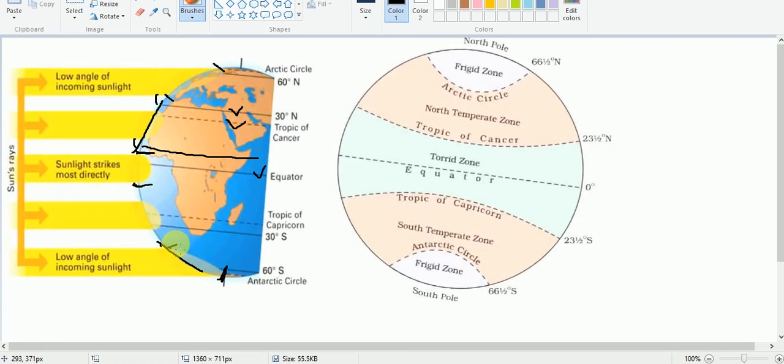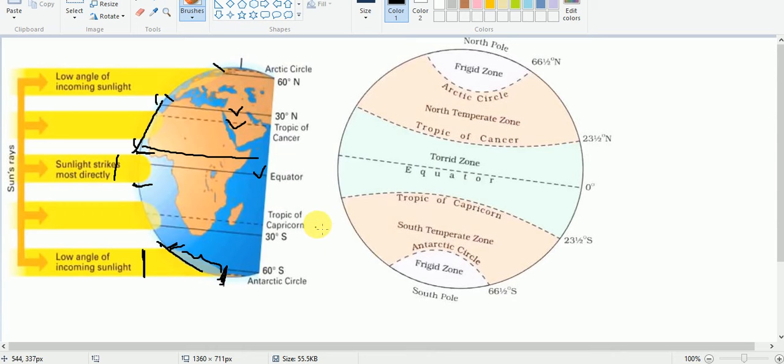Let us consider that we are getting the same amount of energy at the equator and at the polar region. However, since the inclined rays are spread over a greater surface area, heat is distributed, and that is why we feel cold.